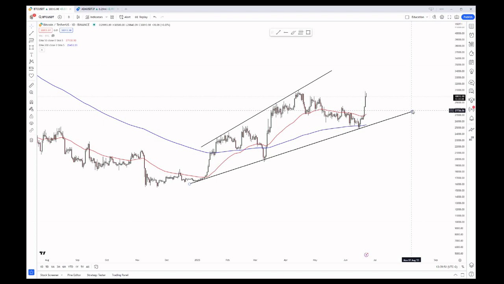Also, wicks or body is a question. I always use wicks. But that's also a personal thing. There are a lot of people who draw lines from bodies, but don't mix them. So if you choose to draw from bodies, that's okay, but then draw from body to body.